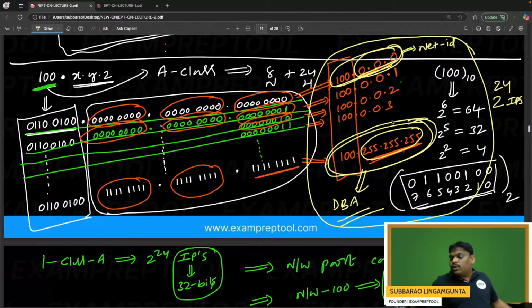One class A network contains 2 power 24 IPs. DBA means direct broadcast address.